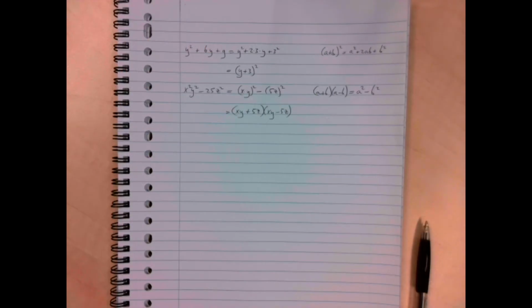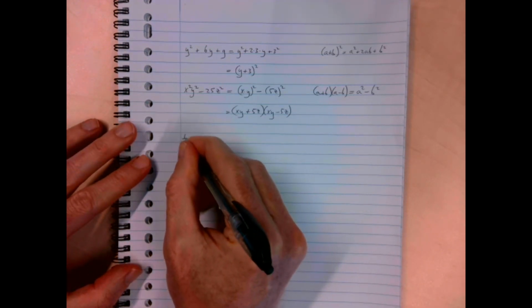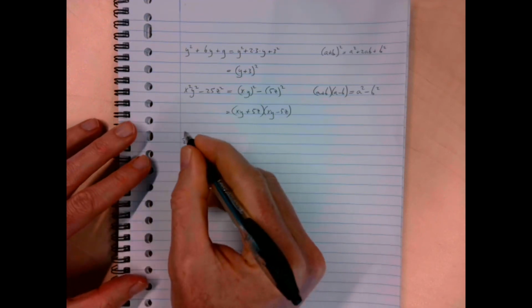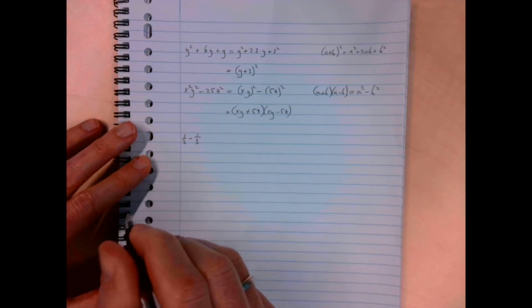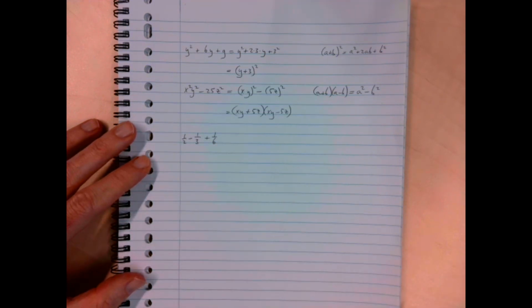Just to remind you, to set the scene, how would we do the simple fractions example, a half minus a third plus a sixth. How do you add up fractions? Well, you cannot just go ahead and add up stuff.